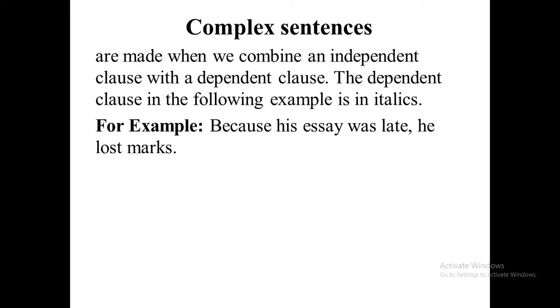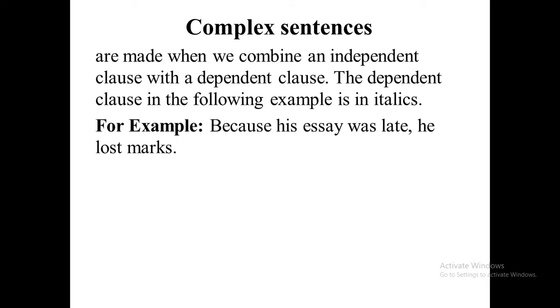The third type is complex sentences. Dear students, complex sentences are made when we combine an independent clause with a dependent clause. The dependent clause in the example is in italics. Now, because his essay was late, he lost marks.